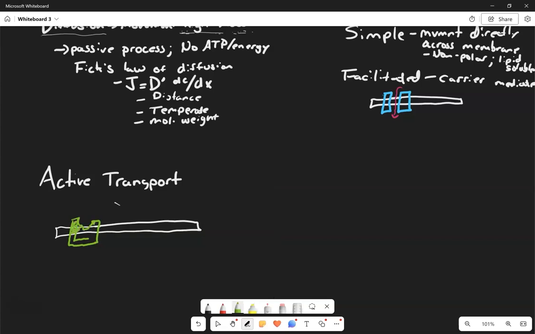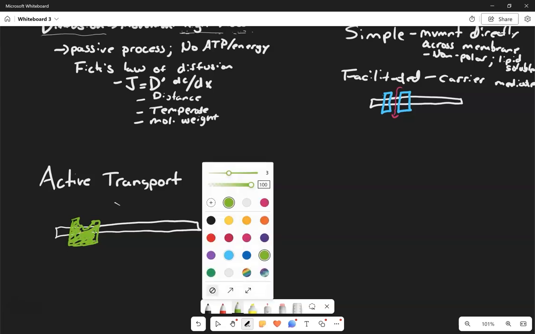There we go. Where something will bind to it, like so, and then it will sort of reverse in nature, like that, once that thing binds to it, and open it up on the other side.